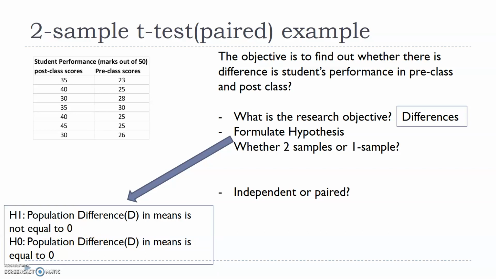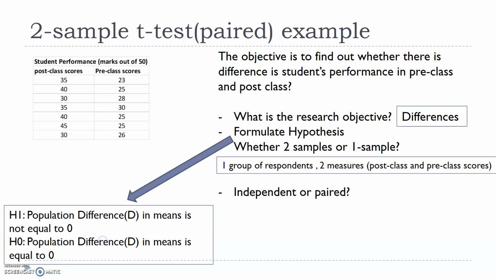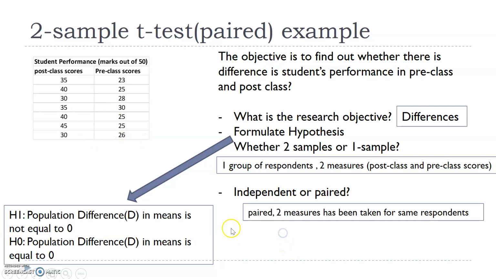Okay, so here is the tricky part. Here I have to know whether it is a two-tail test or a one-tail test. I'll come back to that later. Whether it is 2 samples or 1 sample: for one group of respondents, I have taken 2 measures, post-class and pre-class scores. That's why it is a 2 sample t-test. The next question is whether it is independent or paired.